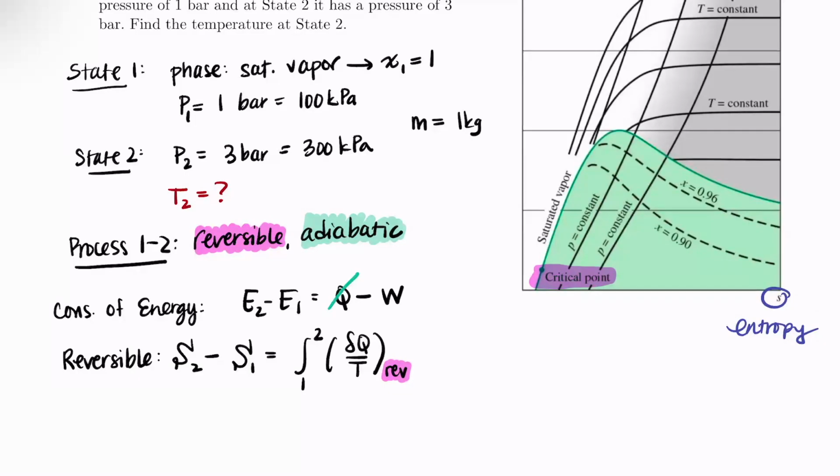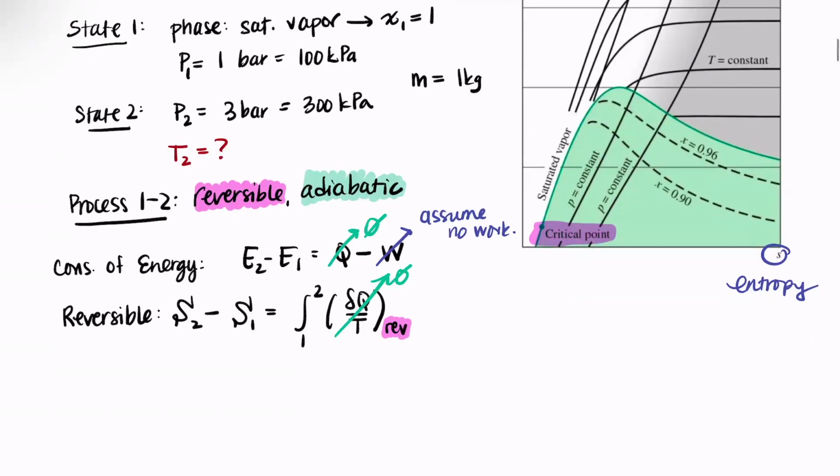Right, so the Q's are 0. So this goes to 0, this goes to 0, which means that we have nothing given to us about work. So we're going to assume there's no work, right? Okay.